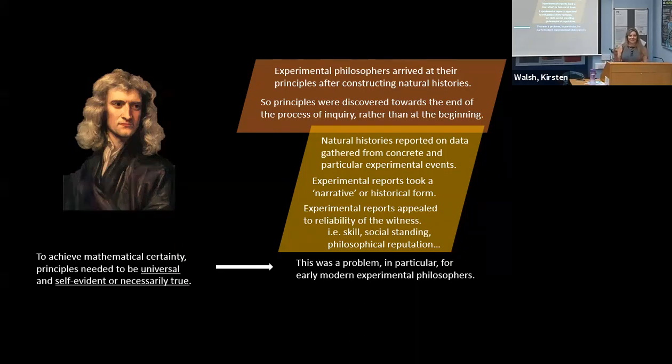So he was already suspicious of scholasticism and was encountering these new methods. And so he was one of the natural philosophers who needed to focus on this particular problem: how is it that you go from natural histories to the right kinds of principles?